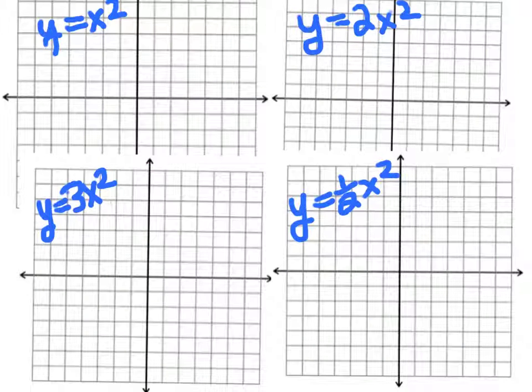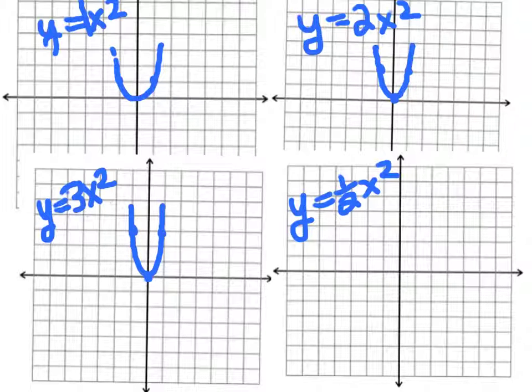Some quick tips about parabola shape. If you have a base function for a parabola, you know that's over 1 up 1, because there's a 1 in front of the x squared. But if I throw a 2 in front of it, that vertical stretch makes it over 1 up 2. And if I throw a 3 in front of it, the vertical stretch makes it over 1 up 3.